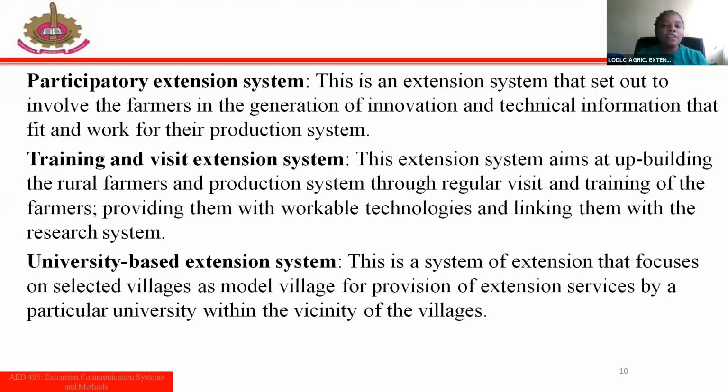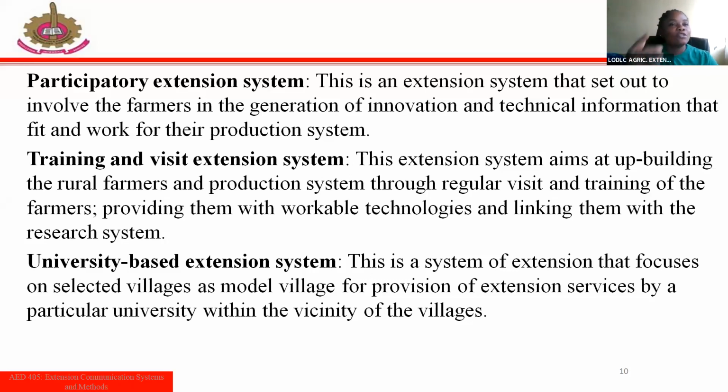The next one is the training and visit extension system. This is commonly done by extension agents. They call them extension agents. And this extension system aims at upbuilding the rural people or rural farmers and production system through regular visits and training of the farmers.